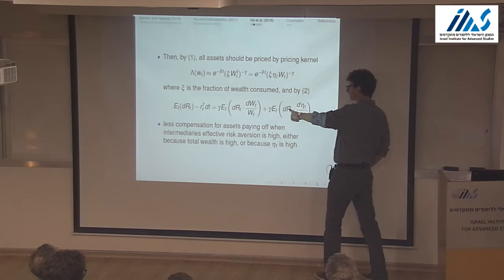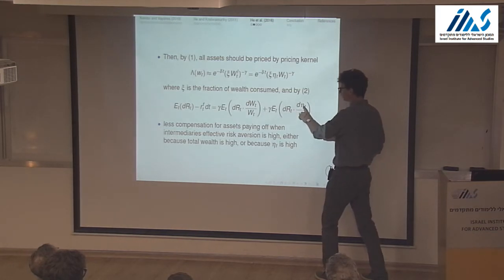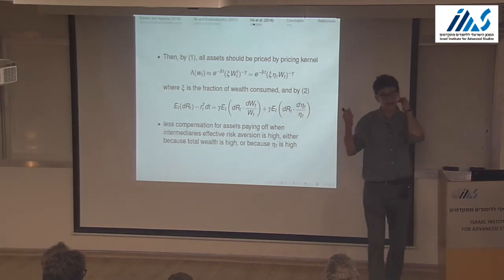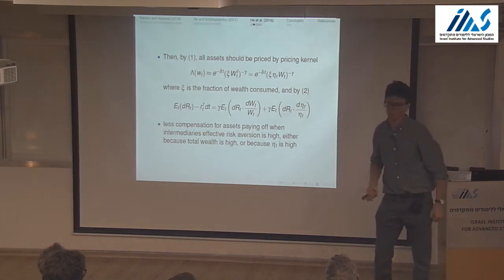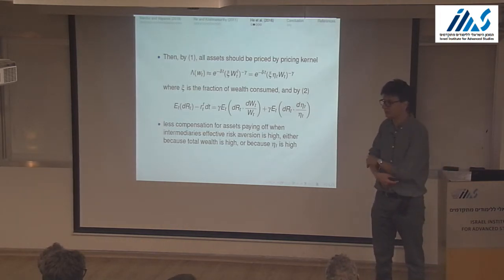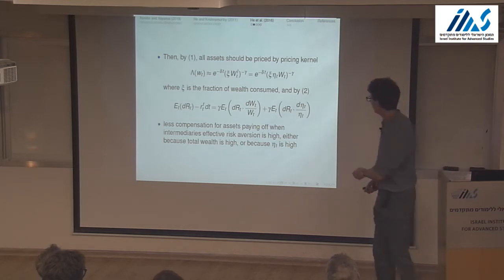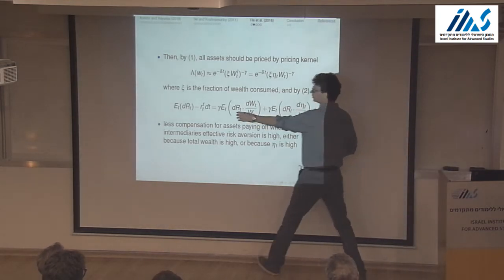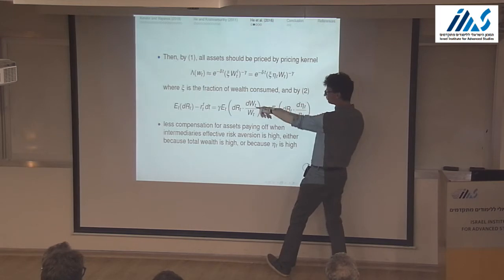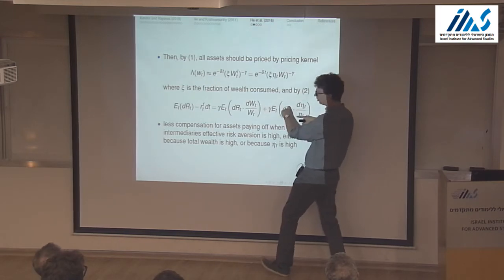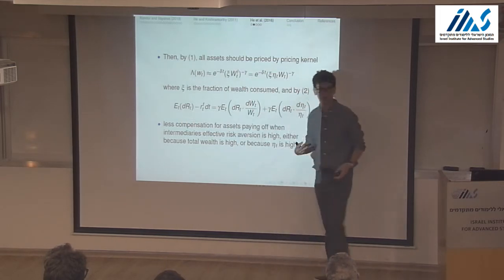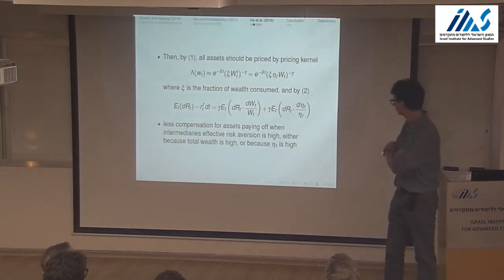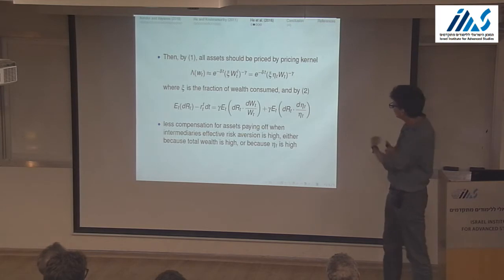Or when the return is high when this proportionality, this constraint, is less tight. So when you can give a lot of money to the intermediaries for some reason, because this incentive problem is less tight, then if the returns of that particular asset are high exactly at that point, so these are covariance terms, then the expected return should be low. So that's the new addition.